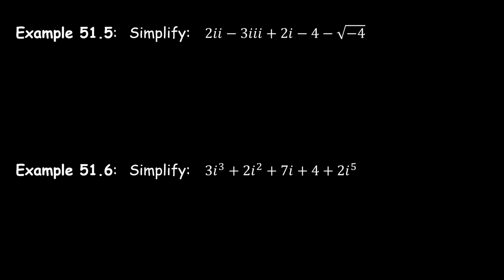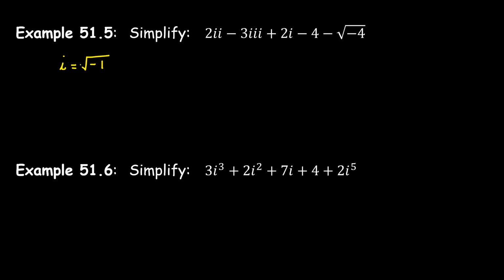Okay, let's just finish up these last two examples that we didn't get to completely finish in class. So remember that we talked about how i squared is equal to -1 because i is the square root of -1. This was something that was created to help us deal with imaginary numbers while we're working with real numbers.